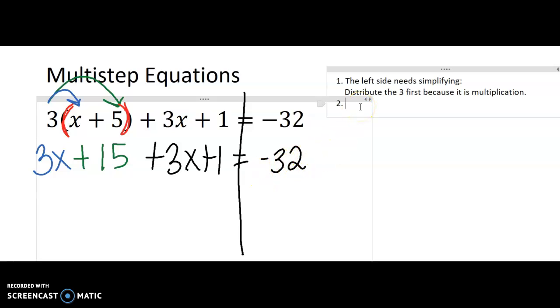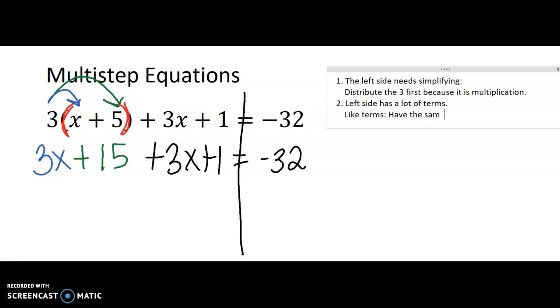The left side still has a lot of terms. We have like terms. Like terms have the same variable. So because we have like terms, we can combine them.